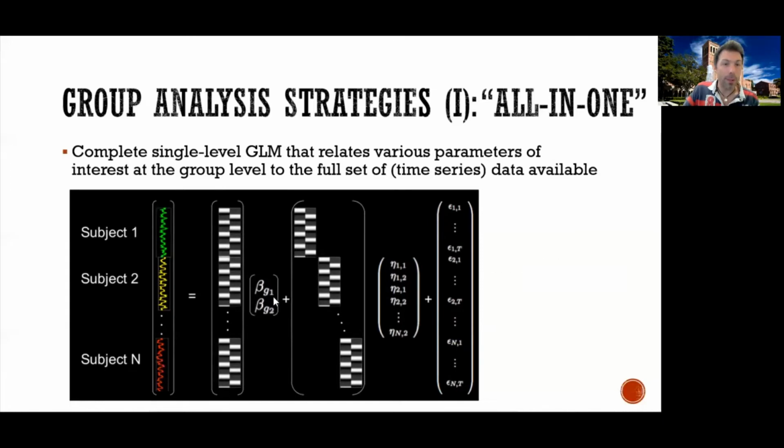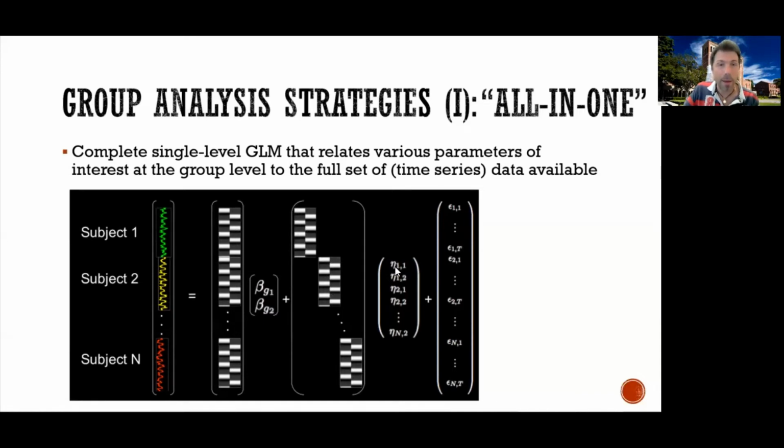And so these two are my group level parameters that I care about. Then there's X, which is the single subject matrix. This is the matrix of participant 1. Maybe they saw a face, then a house, then a face, then a house. This is the matrix for participant 2, all the way to participant N. And these are called eta, but these are what we call the betas for each participant.